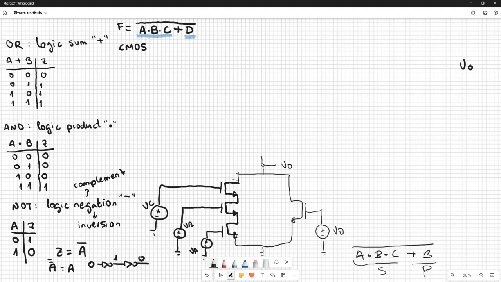So we are going to add the PMOS of the input D, and we need to put this in series with the other transistors that now are going to be in parallel, sharing the same nodes.